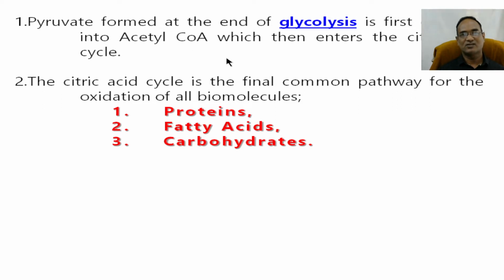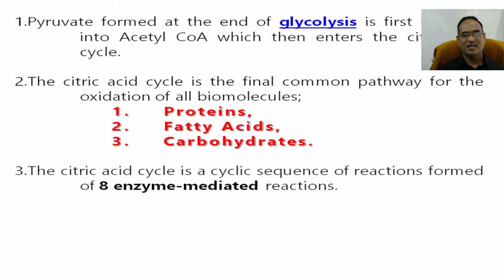Acetyl CoA can enter into the Krebs cycle, and it is derived not only from carbohydrate but also from protein and fatty acids. So altogether, the protein, fatty acid, and carbohydrate are converted into a 2 carbon molecule and finally enter into the mitochondrial reaction or Krebs cycle.